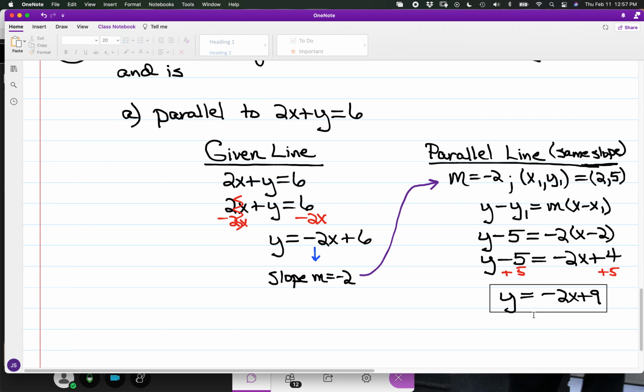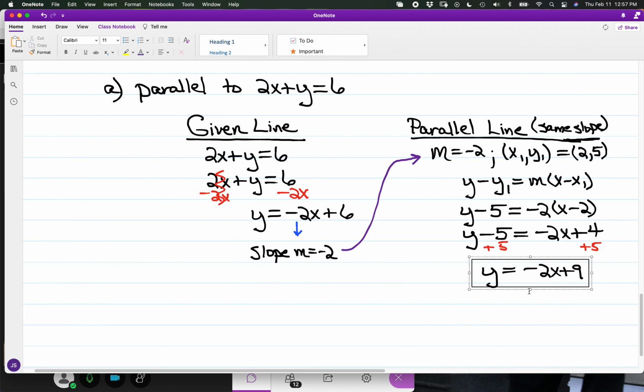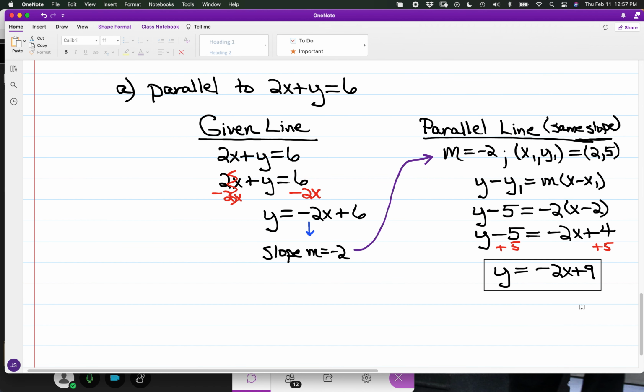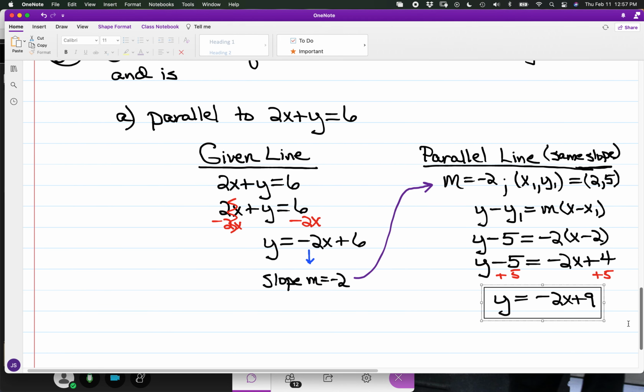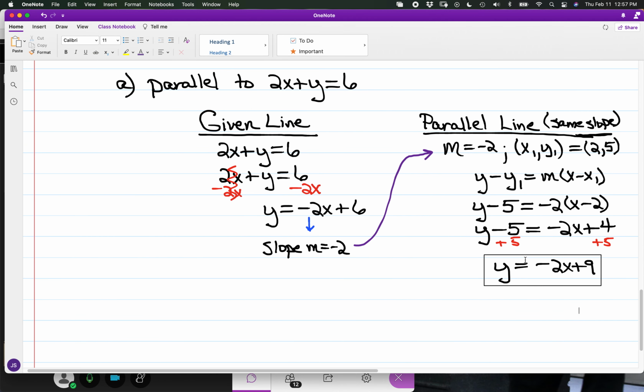So that has a slope of -2. And again, you can just check for the consistency. For the point through which it passes, if y is at 5, the left-hand side of the equation is 5, and with x at 2, -2 times 2 is -4, -4 plus 9 is 5, and 5 is equal to 5. So that is going to check out.